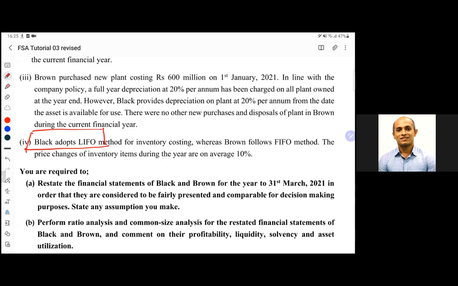The Black company's closing stock value is at old price. So you have to bring that to current price.